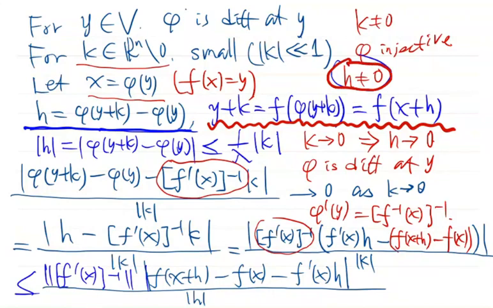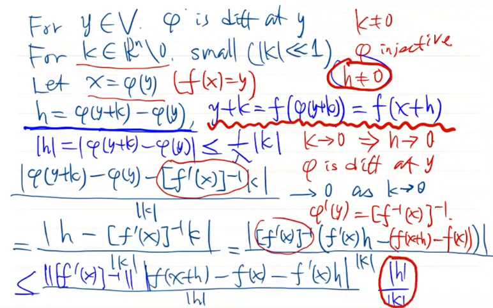So we can divide by the norm of h, and we write it in this way, because these two can be cancelled, and then this is the original denominator. Therefore, we can use this trick. Now we observe the behavior of the right hand side. The right hand side, this term is bounded.